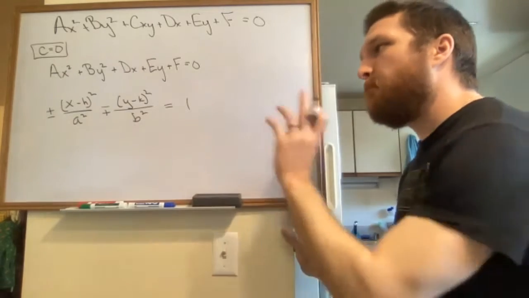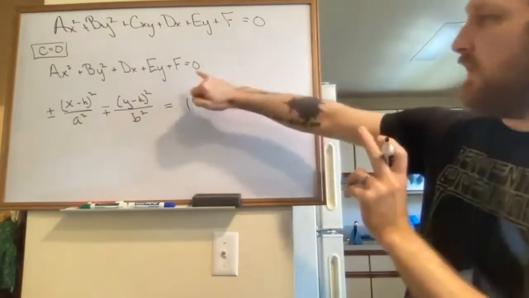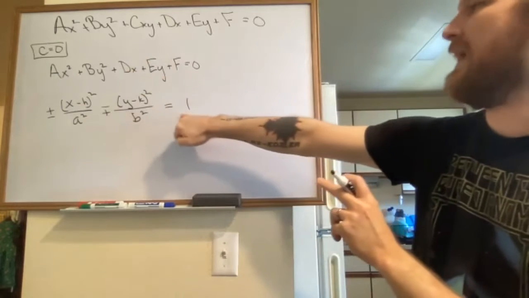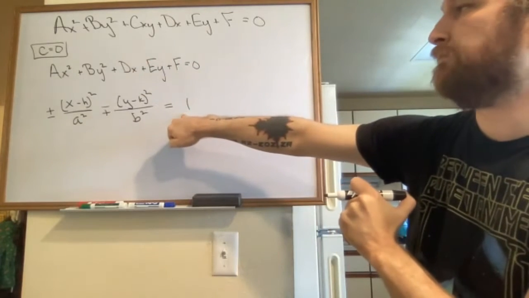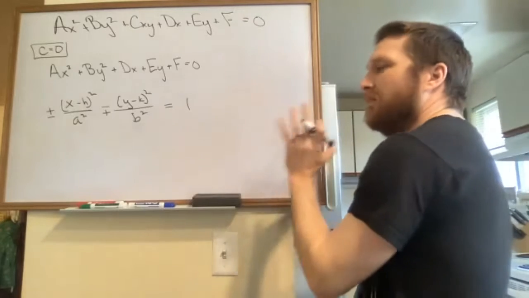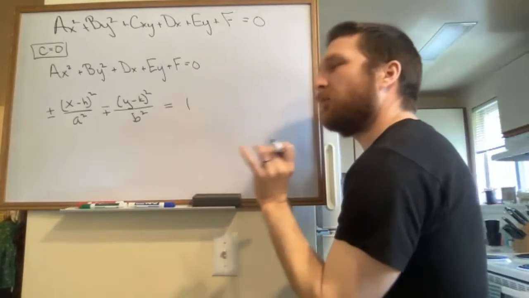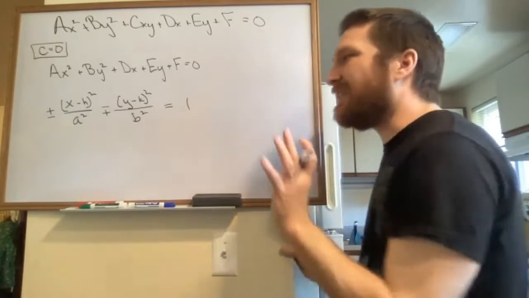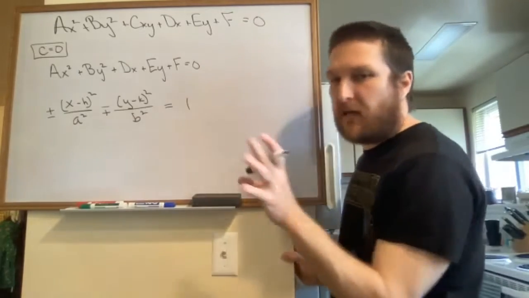Now, one other thing we didn't really talk about: when you collect all this stuff over here, what if that number is negative? In other words, we have another case that we're not really discussing. So let's knock it out right now so that we don't have to talk about it.